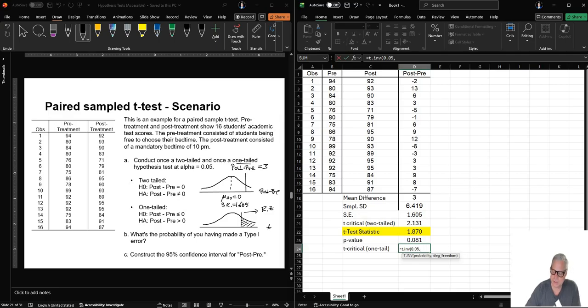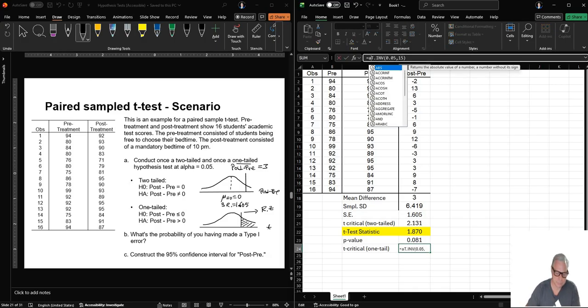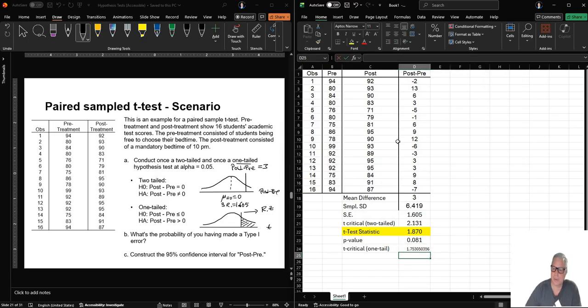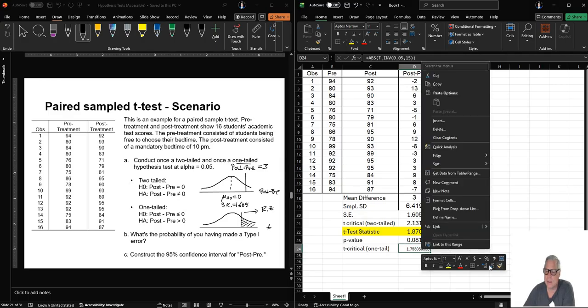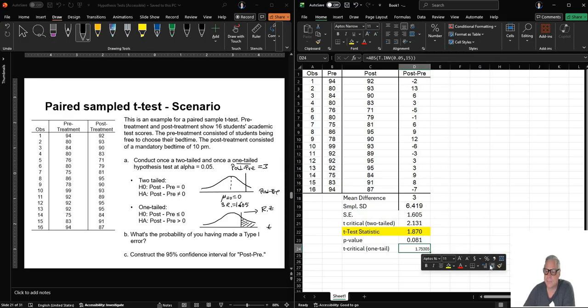How many degrees of freedom do we have? Well, we still have 15. And now we get the t. And you see, let's absolute it again. So that is now only 1.753.